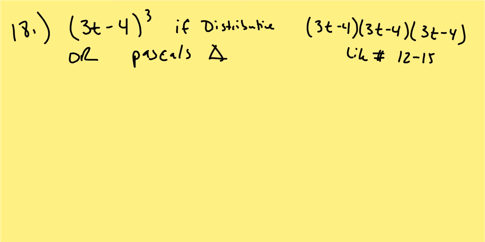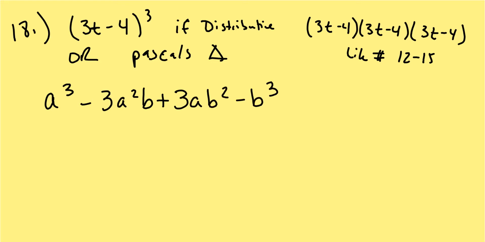Because it's the third power, I'm going to use this one. I'm going to say a cubed plus 3a squared b minus 3ab squared plus b cubed, with alternating signs. It's opposite signs because of the minus in the middle.